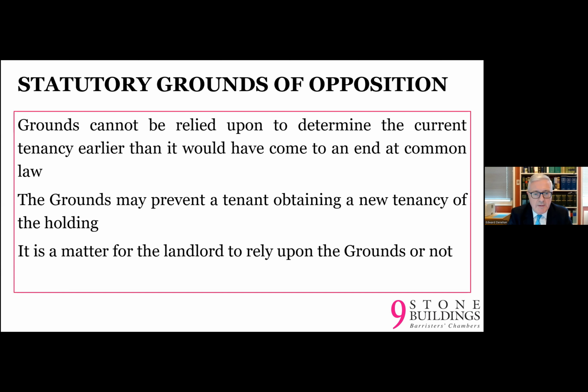Similarly, with periodic tenancies, which are somewhat unusual in my experience in relation to business premises, the landlord can't rely upon anything in section 30 to determine the tenancy any earlier than it could by serving a notice to quit on the tenant.